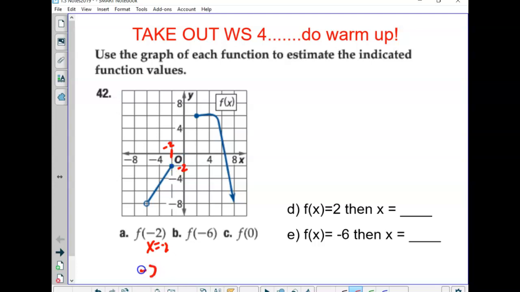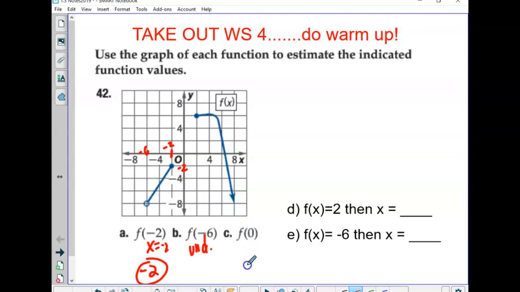Also -2. All right, f of -6 would be x equals -6. Yeah, it's an open circle. No, I think it's undefined there at -6. Do you see it doesn't even hit -6? So I wouldn't ask you that on the quiz probably, but it's undefined.